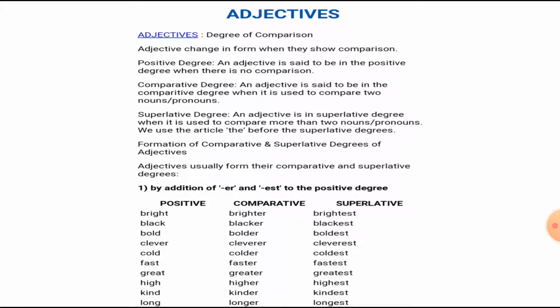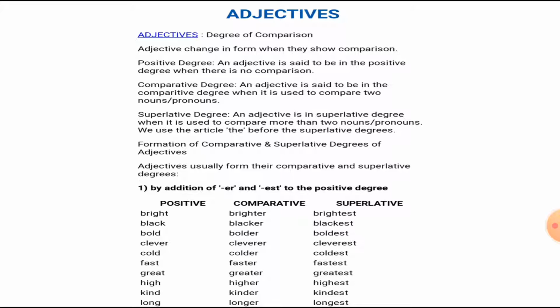For example, we can say my apple is sweet. This is a positive degree of adjective. But if I say my apple is sweeter than his, here we can say that the two apples are being compared.